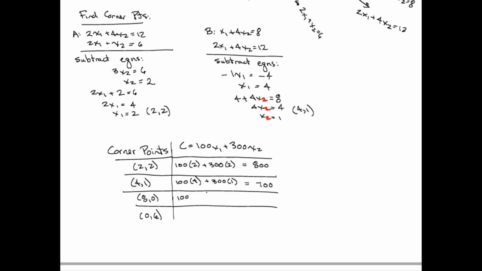Now 100 times 8 plus 300 times 0. So here I have 800. And then last, 100 times 0 plus 300 times 6. That gives me 1,800. Now, before we talk about a conclusion, let's go back to the corner point theorem.